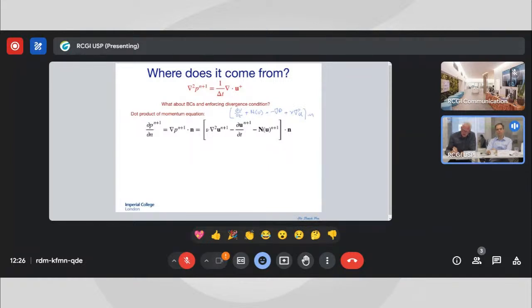Then the gradient of p dot n looks like a Neumann boundary condition, dp/dn. If I want the solution at n plus 1, I have to evaluate everything at n plus 1, but I can use the extrapolation tricks I showed you a moment ago. I can extract a Neumann boundary condition for my pressure Poisson system.